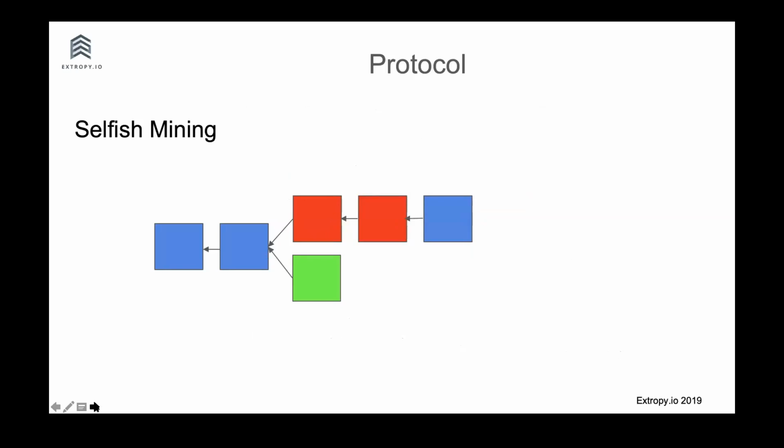Something similar, but perhaps less dramatic, is something called selfish mining. The idea behind this is that the attacker here is the one producing the red blocks, and what they do is effectively produce one block, but rather than put that out to the system, they allow the blockchain to continue until they have another block, and then maybe they will put both blocks out, and so they can overtake the system that way.